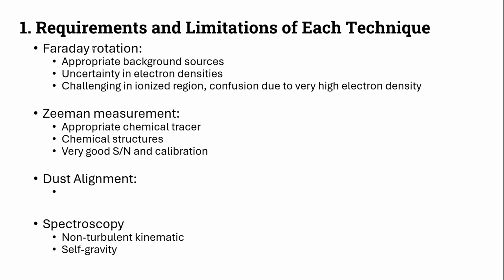So one way to test that is to play with synthetic observations. With our Polaris code, we can accurately predict the dust polarization, and we can also predict the Zeeman polarization. So we can analyze the synthetic data to see whether two different tracers are probing the same region.